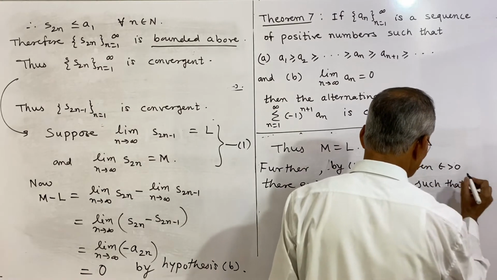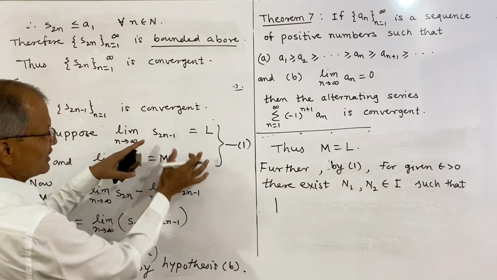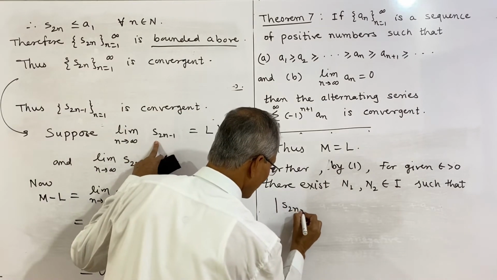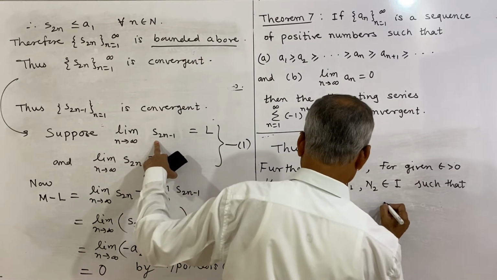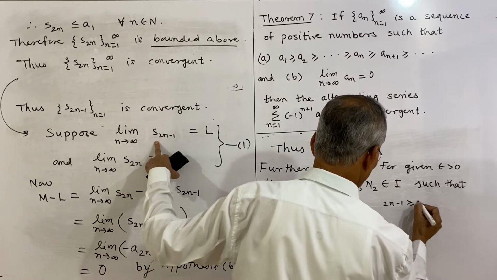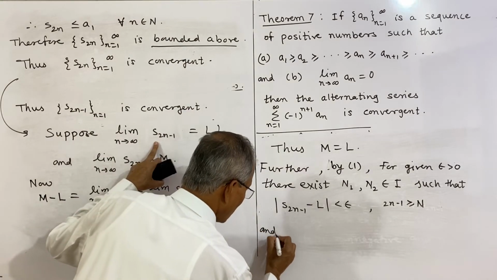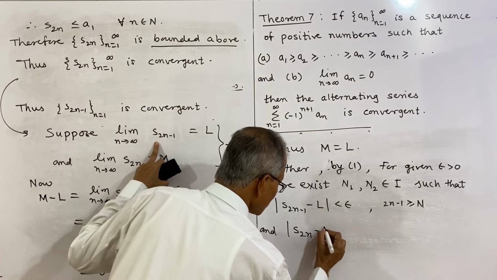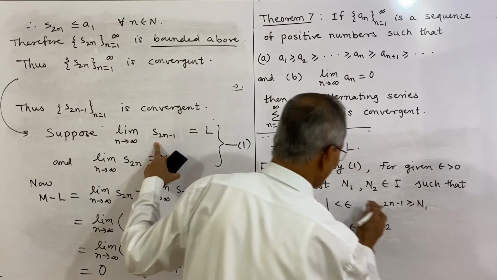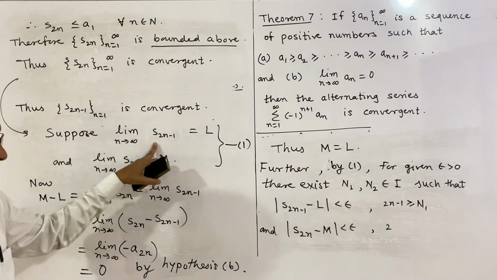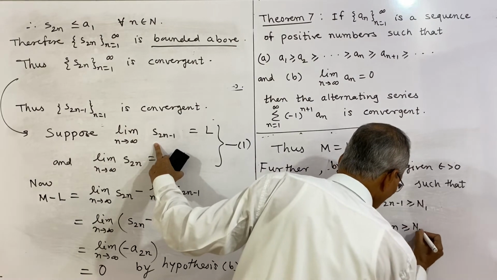I denotes the set of positive integers, such that this sequence converges to L, means the absolute difference S2n minus 1 minus L is less than epsilon for 2n minus 1 greater than or equal to n1, and S2n minus m is less than epsilon for 2n greater than or equal to n1 for certain natural number n1, and this happens for 2n greater than or equal to n2.